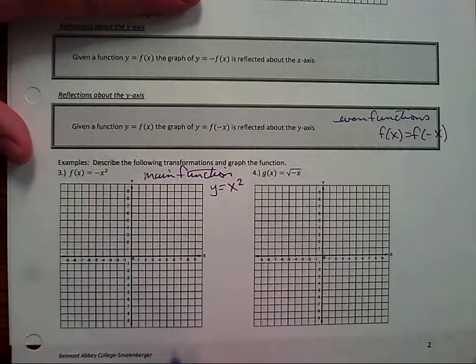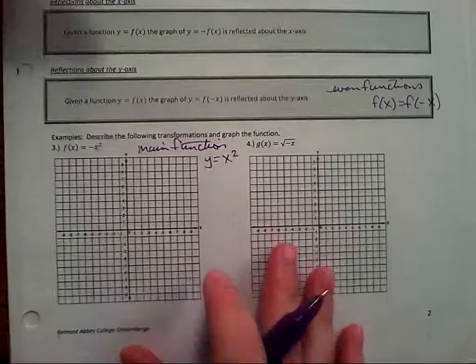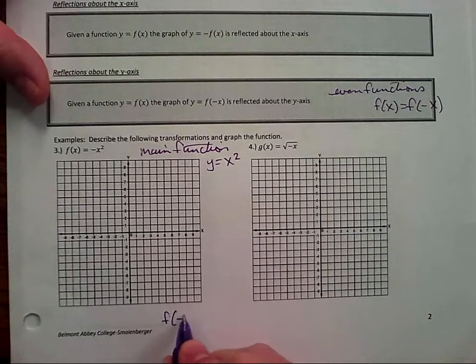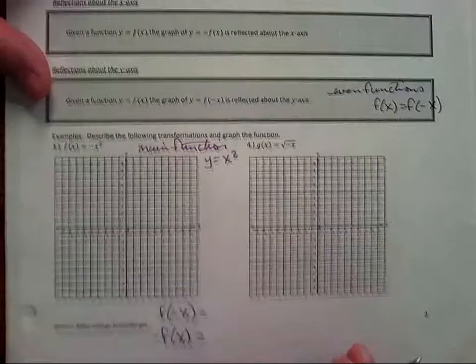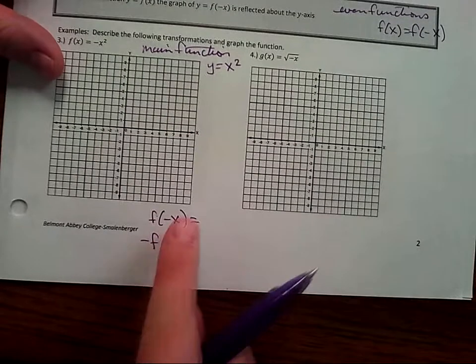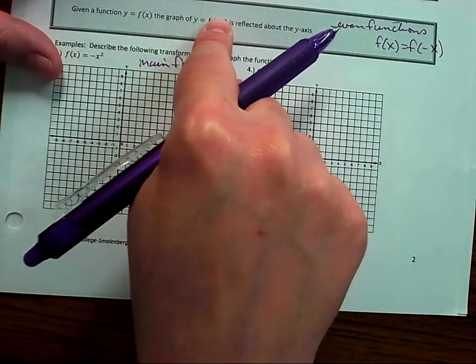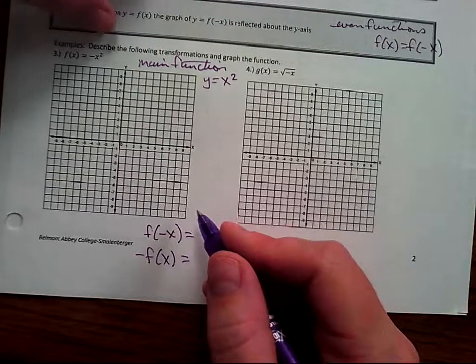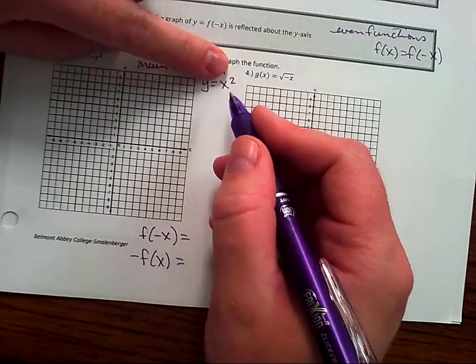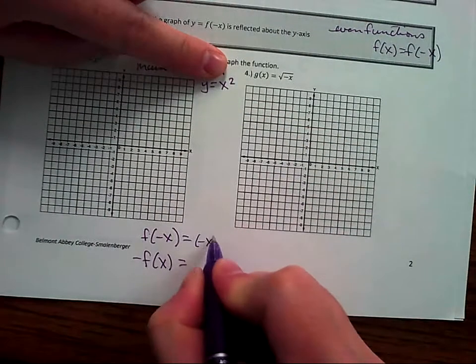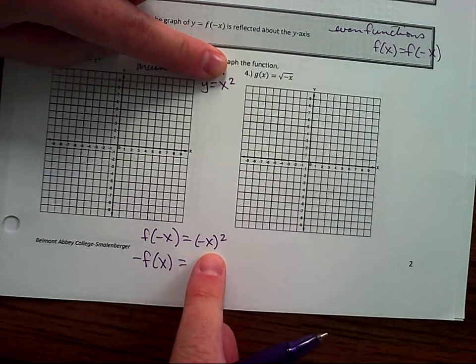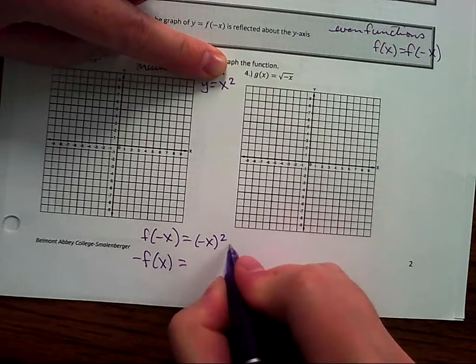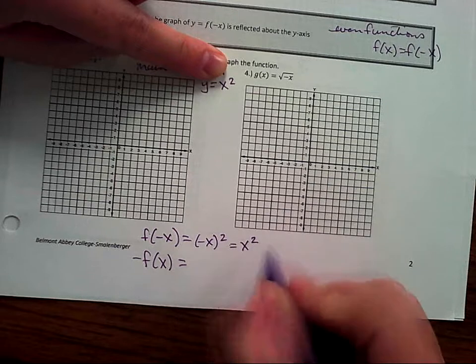So if you're not sure, you can write them out, right? You can write out which one this is. So f of negative x, I go to my function f, and wherever I see an x, I put negative x. Remember when we did this with even functions? Negative x squared actually equals just x squared.